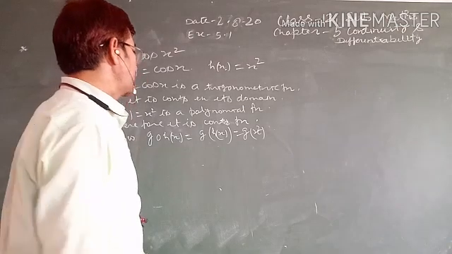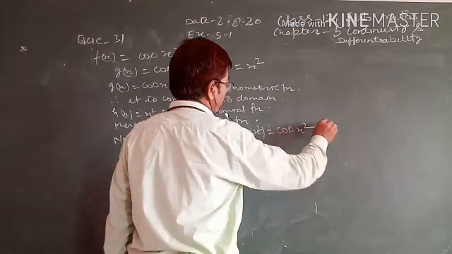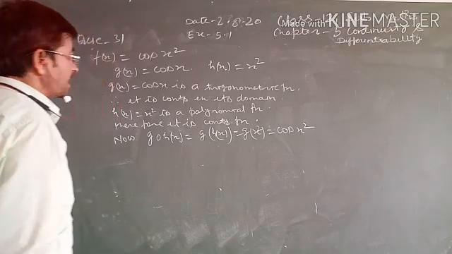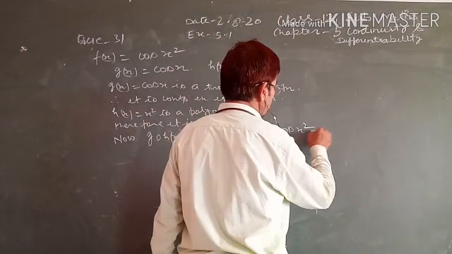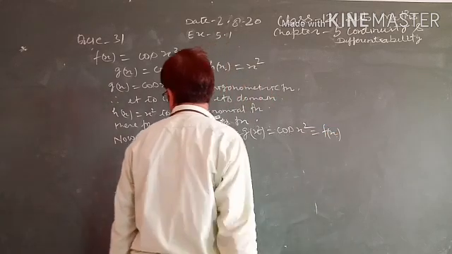Therefore, g(x square) will be cos x square. We put x square in place of x. It is equal to f(x).